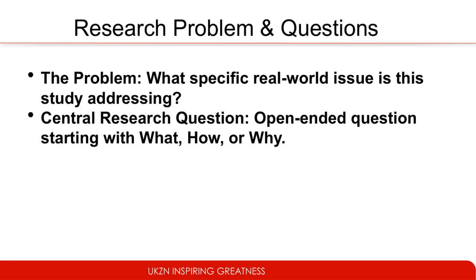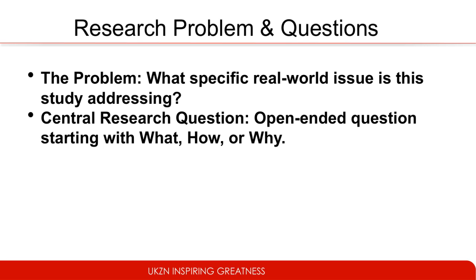On this slide, we're focusing on the core of our study, the research problem and the key questions guiding our work. The problem refers to the specific real-world issue that our research aims to address. It's important to clearly define this because it shapes the entire scope of the study and ensures our efforts are relevant and impactful. The central research question is designed to be open-ended.